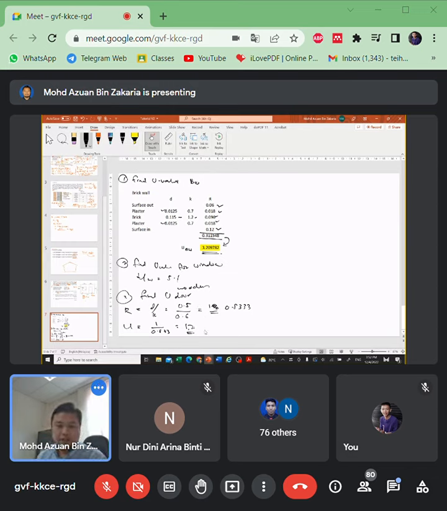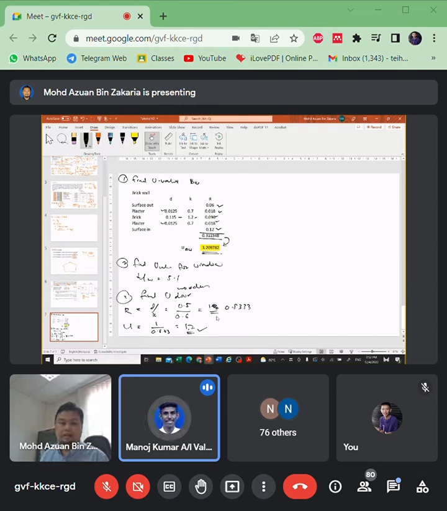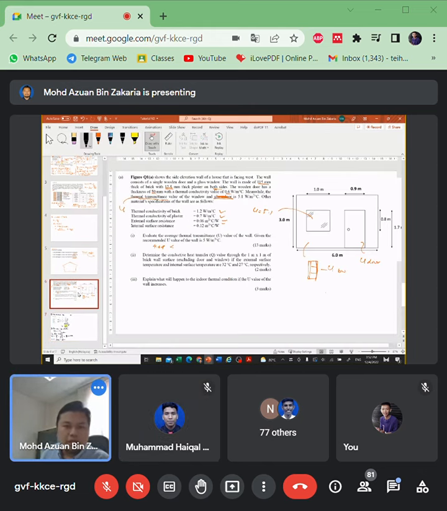Doctor, 50 millimeters should be 0.05, right? I mean the thickness of the wooden door should be 0.05 meter, 50 millimeter. Okay, sorry.